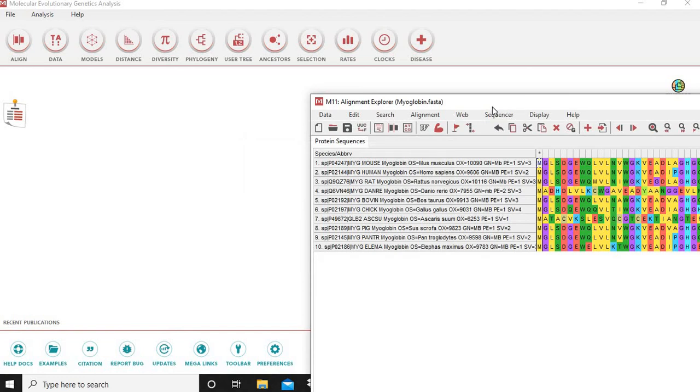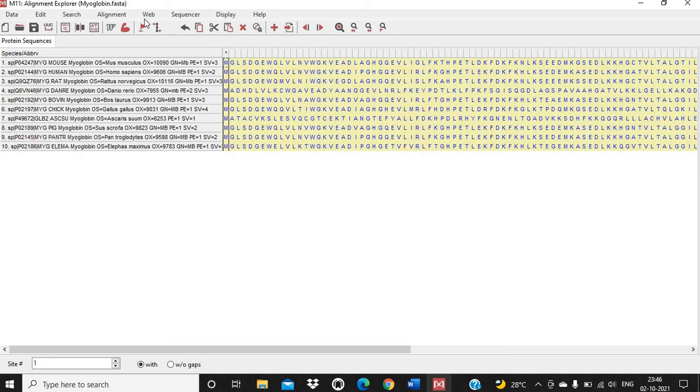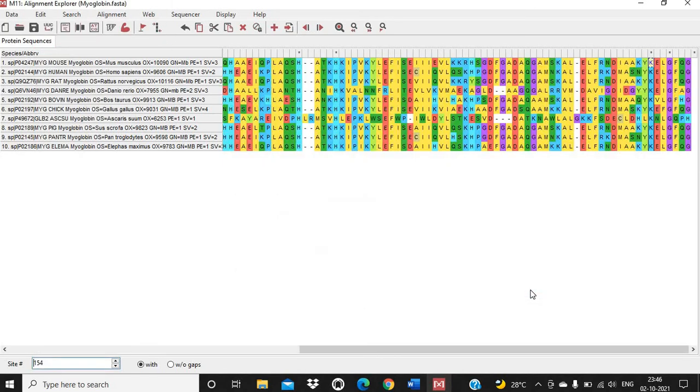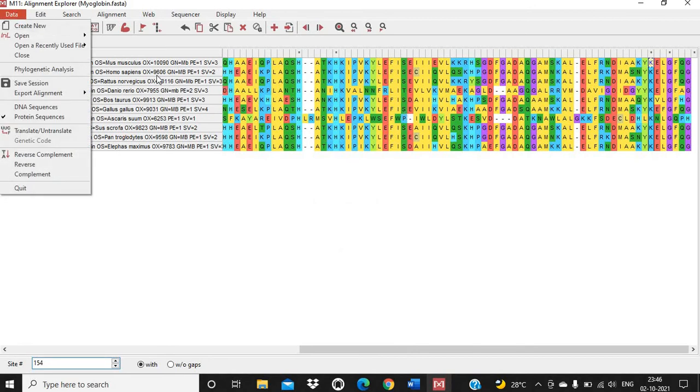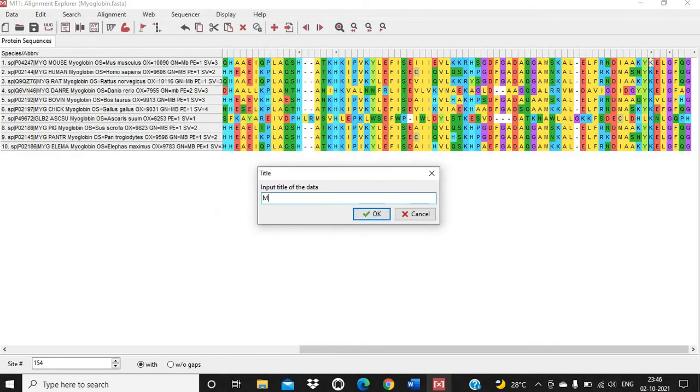So all 10 sequences, we need to align all 10 sequences, alignment by muscle, okay. And then after alignment, we have to export the alignment in MEGA format.